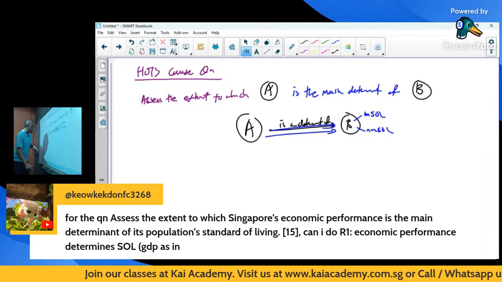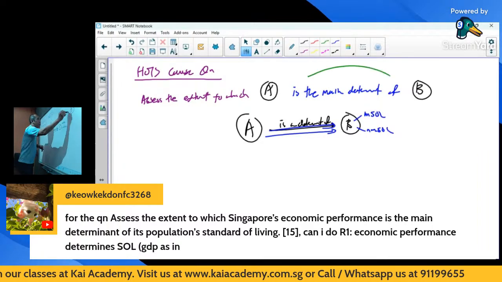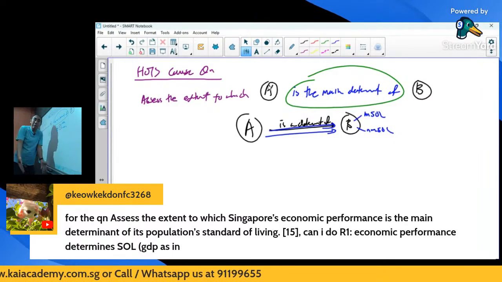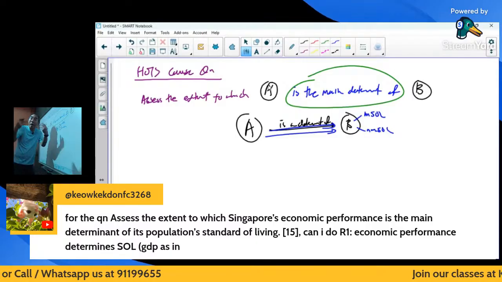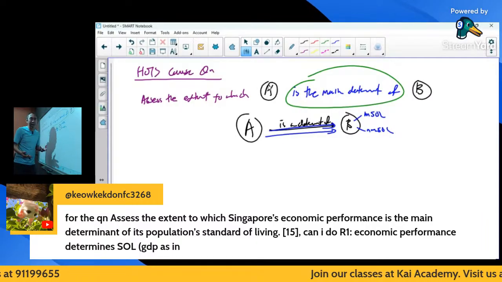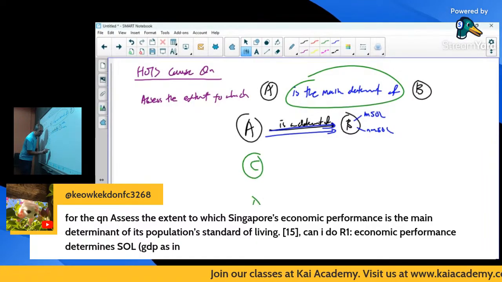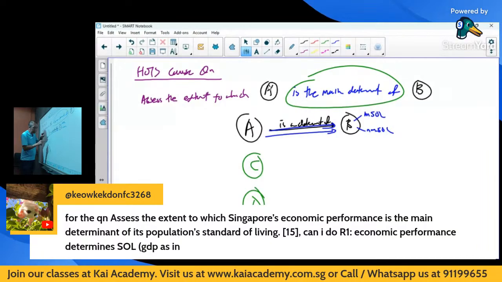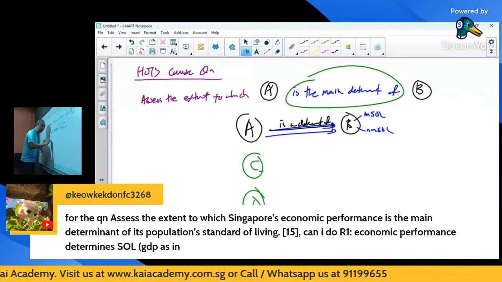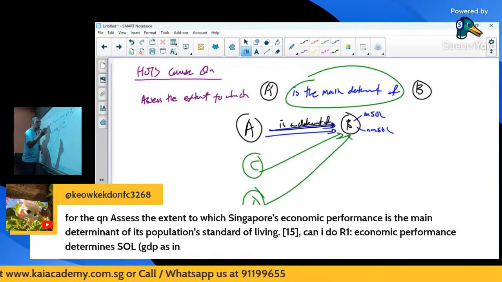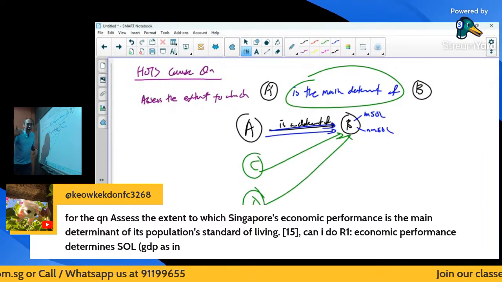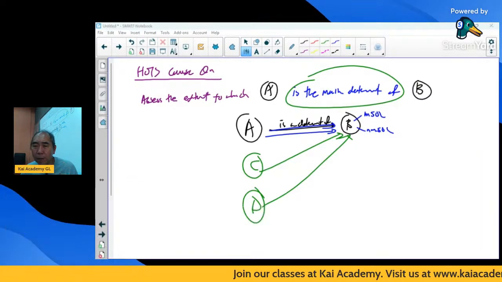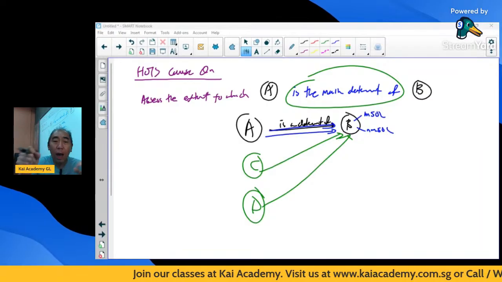Then what you need to do next is to recognize that if we are discussing whether A is the main determinant, there must also be other determinants that could be important and maybe even more important than A. So there has to be other determinants of SOL that are different from economic performance. So I need to look for something that affects SOL that is different from economic performance. So I may choose C as something that affects material SOL other than economic performance.